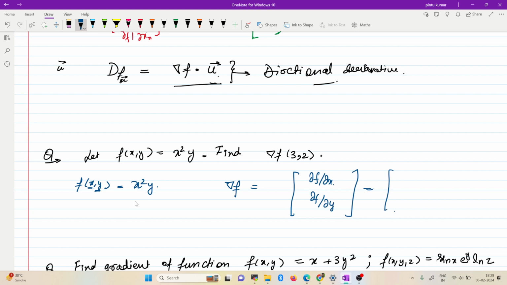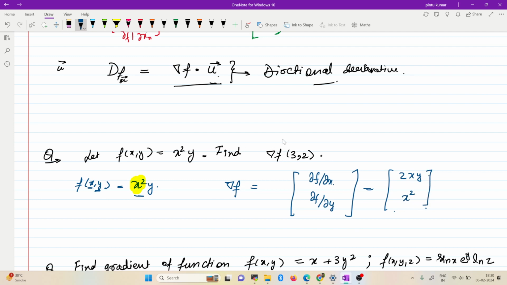If you take the partial derivative of x square y with respect to x, you treat y as a constant and take the derivative of x square, and it is nothing but 2xy. Going the other way around, you treat x square, any term that involves x, as constant and take the derivative with respect to y, so this would be x square.